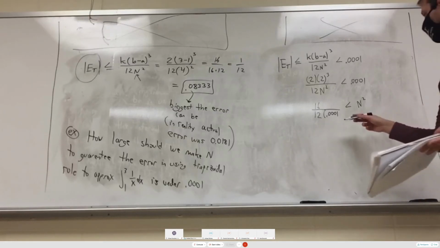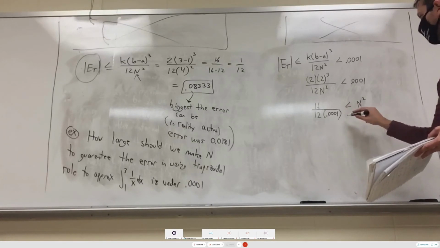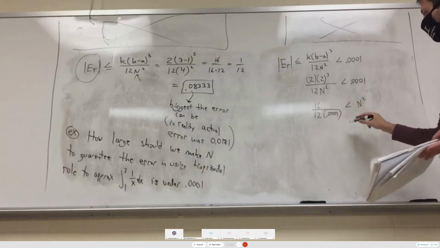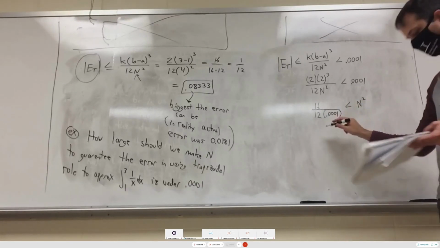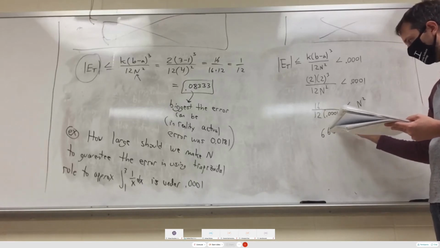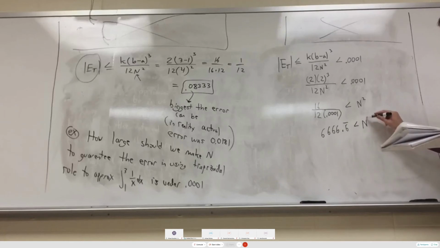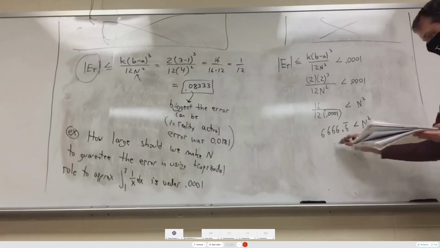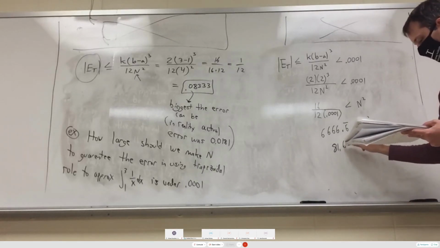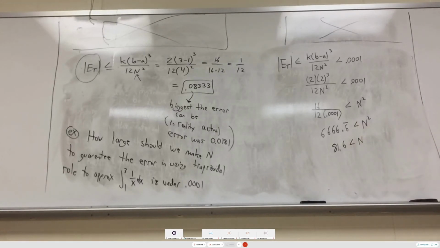And then if I did this out and square rooted it, I will get the answer. So the thing I get here is 6666.6 is less than n squared. And if I took the square root, I get 81.6 is less than n.